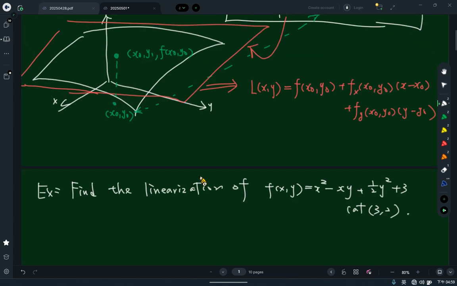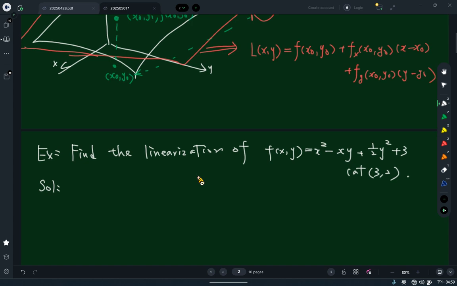Based on this, we need to focus on partial f partial x at this point, right? So we need to calculate partial f partial x. That will be 2x minus y when (x, y) is equal to (3, 2).